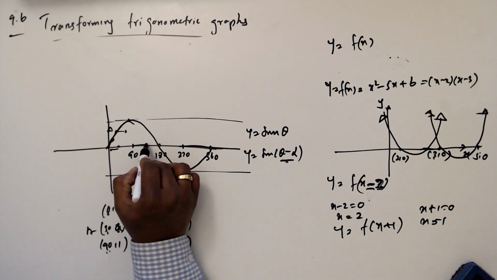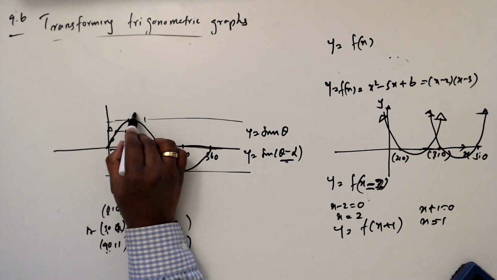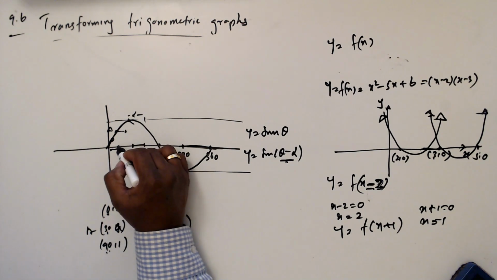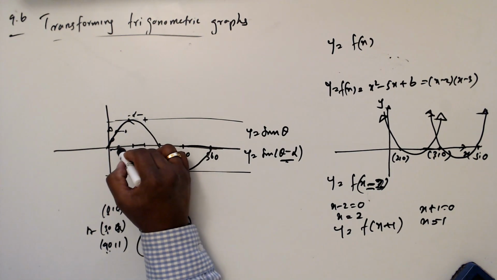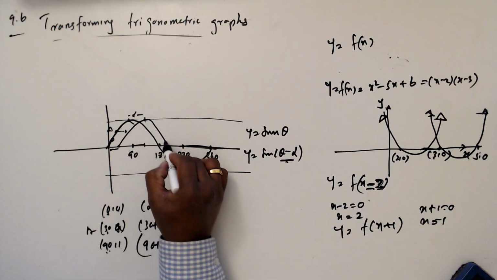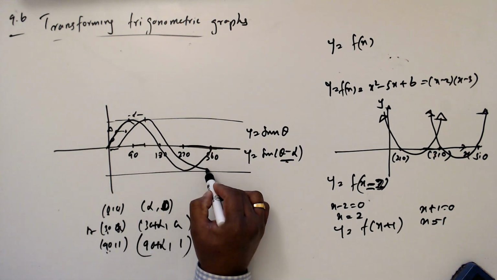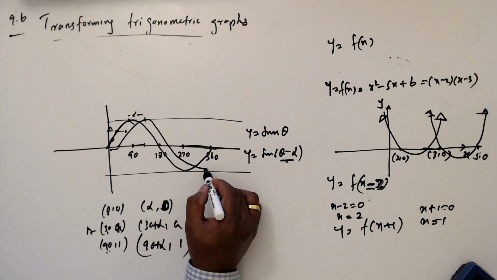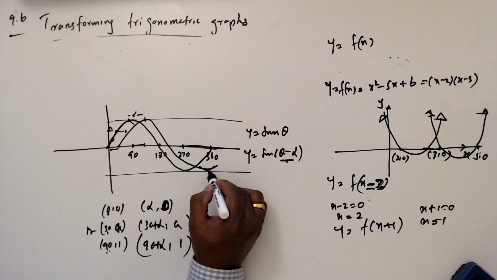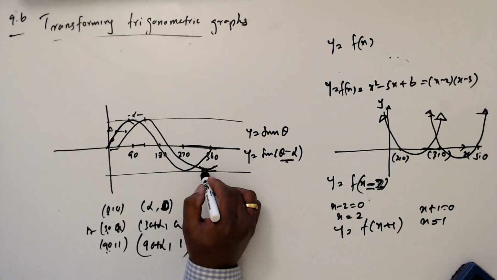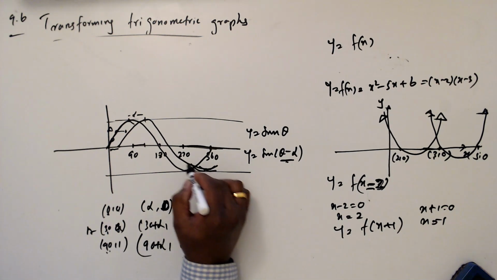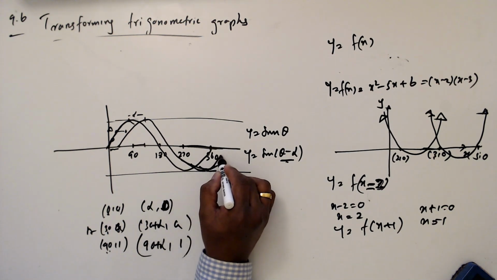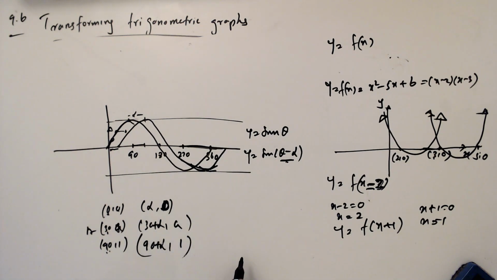From here to here is alpha units, it means alpha units to the right. So now the graph is going to be like this, more than 360. I shifted this graph by alpha units to the right.